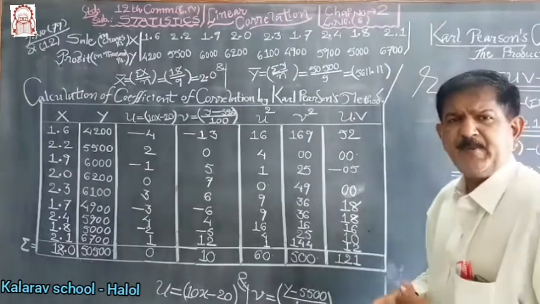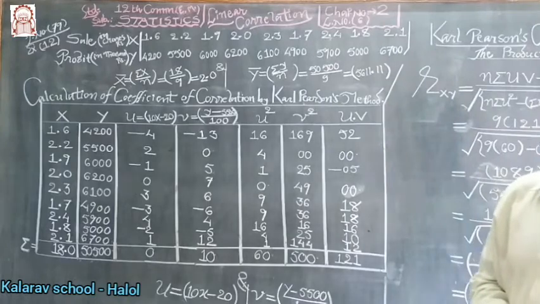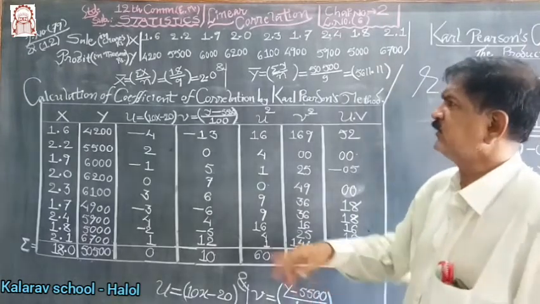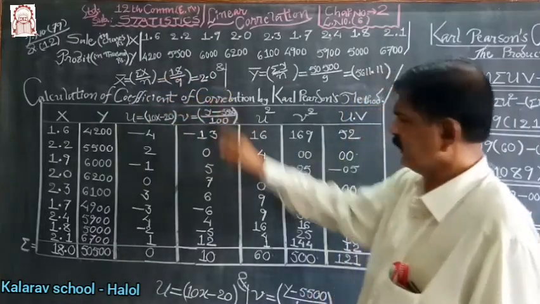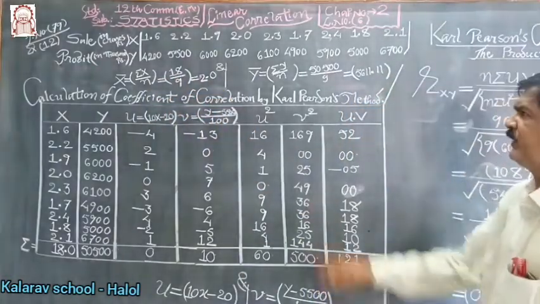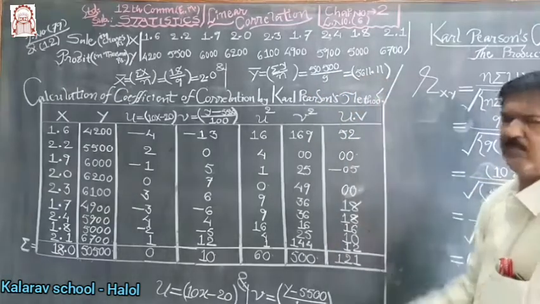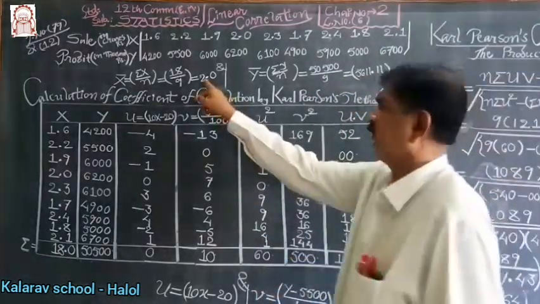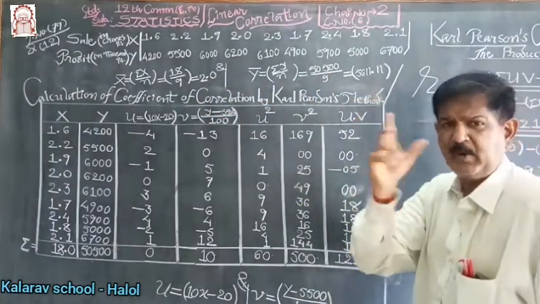In such type of example, we compute first of all x bar and y bar. X bar is sigma x upon n, 18 upon 9, the value is 2.0. And y bar is 50,500 upon 9, 5,611.11.